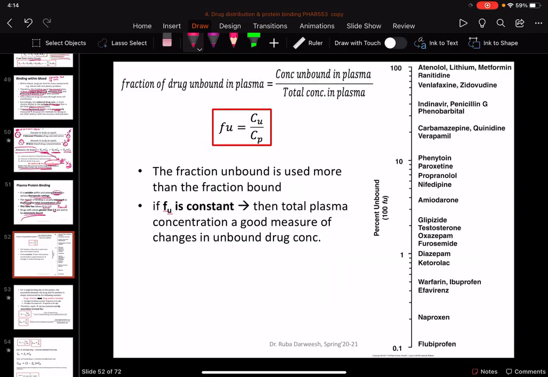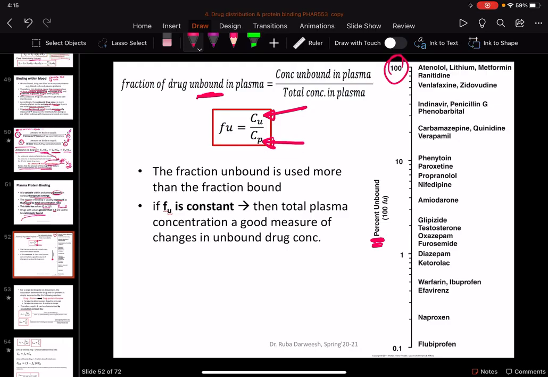Okay, for the fraction here, it's percentage of unbound. Again, just be careful what we are talking about. It's a range from 0, or in this case 0.1, to 100, because we are talking about percentages. Okay, can we determine the fraction of the free drug in the plasma? Yes, you need to know the concentration of the unbound or free drug in the plasma over the total concentration in the plasma, right?